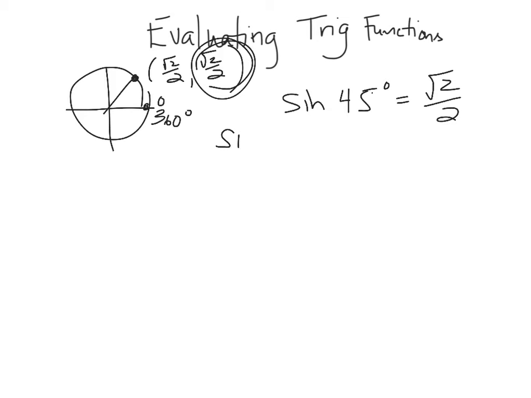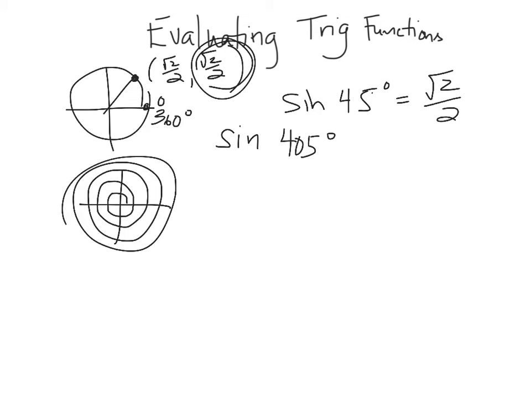Well, what if we want to know what is sine of 405 degrees? Now what do we do? Well, because sine and cosine are periodic functions, if I go around once, that's 360, but I can continue going around as many times as I need to.